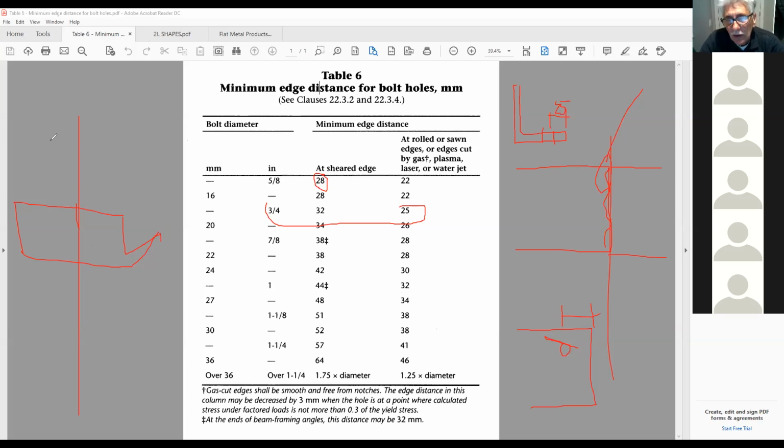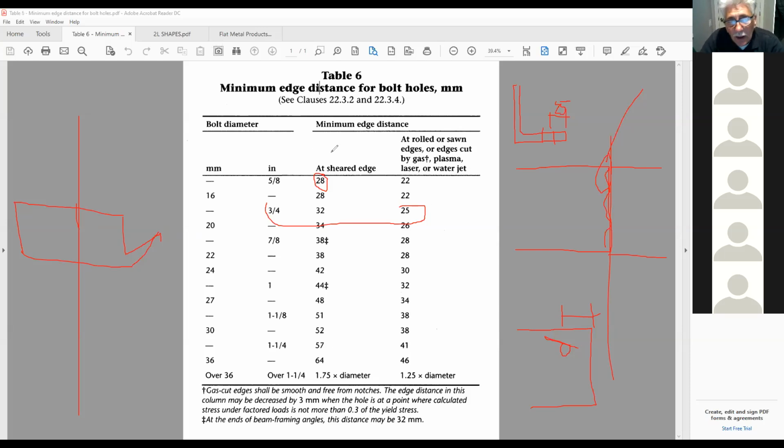So they can actually cut steel now using a water jet. All these other methods the fabricator might use to cut his material don't leave any residual stresses along the cut line, and therefore you can reduce your edge distance. But if you know he's going to be shearing off the material, then these are the values that you have to use.